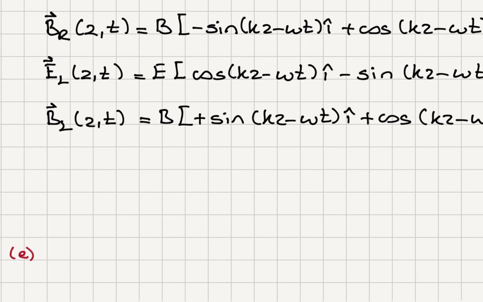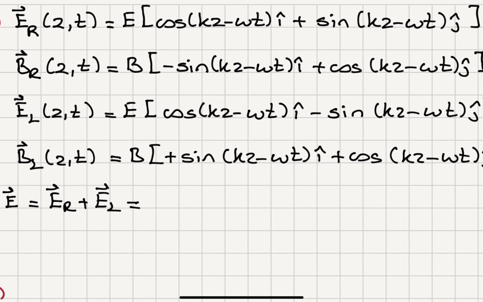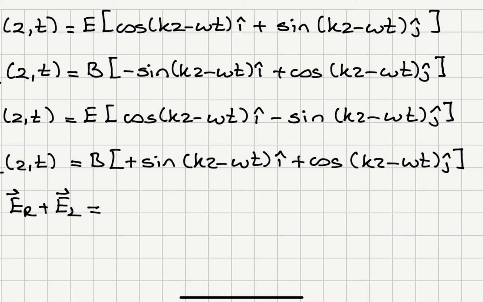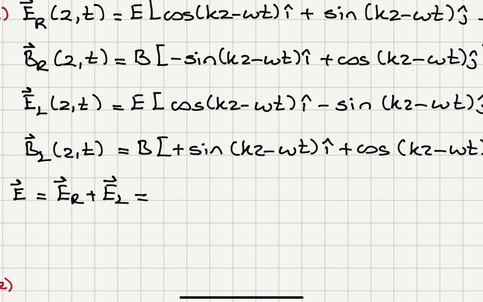Now I'm asked to add the right circularly polarized electric field component with the left circularly polarized, superpose these two waves. And now what happens here? The sine terms will cancel. I will obtain 2E cosine kz minus omega t in i hat direction.